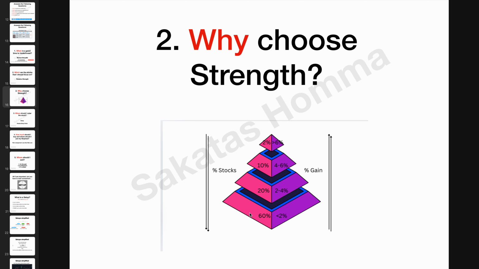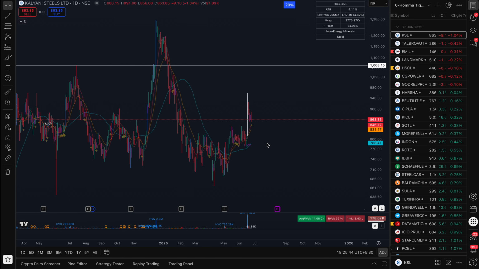If you pick one stock out of these 60% stocks, what is the chance that stock at the end of the day gives you a meaningful move? Let's say by meaningful move intraday I mean a 3% move. Any stock at 920, which is like 60% of the stocks, if you want to pick just one stock to give a gain which will shift it to the 4 to 6% bucket, the probability is quite low compared to when you only have to choose from the 2% of stocks which I just showed you.